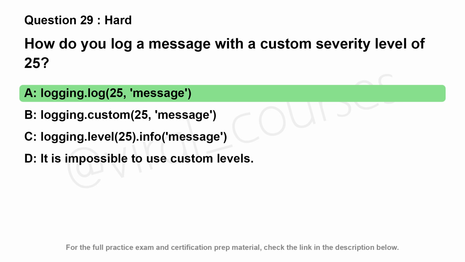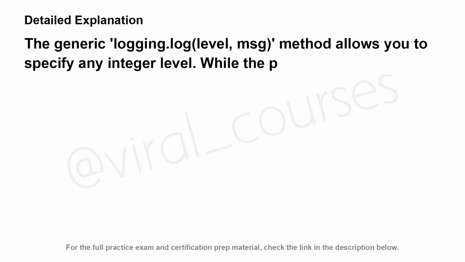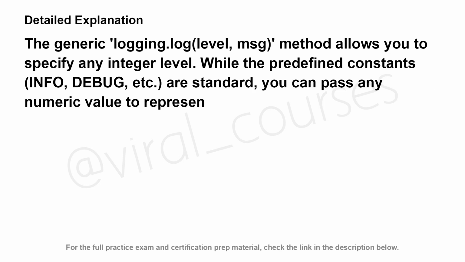The correct answer is A. The generic logging.log(level, msg) method allows you to specify any integer level, while the predefined constants, info, debug, etc., are standard. You can pass any numeric value to represent custom severity tiers.